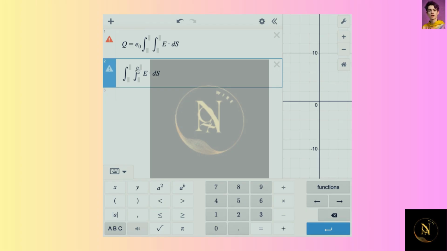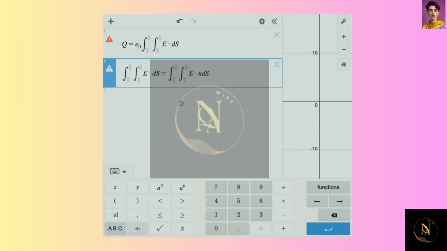So one thing we can note is that this right here is the same as this right here. So what we're going to do is, n is going to be the normal vector, and therefore n is equal to i, since we're talking about the plane x equals 1.